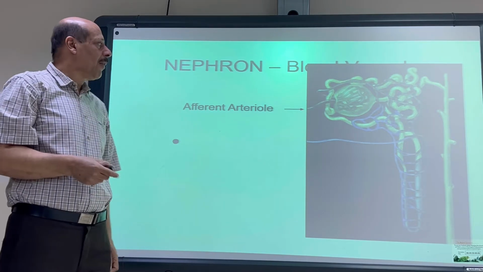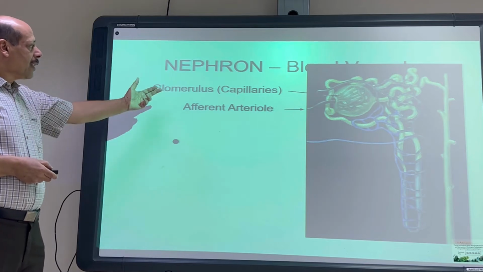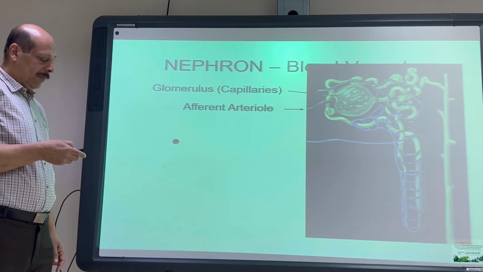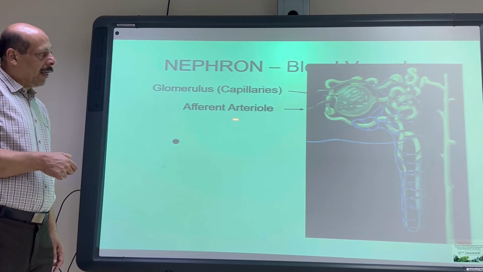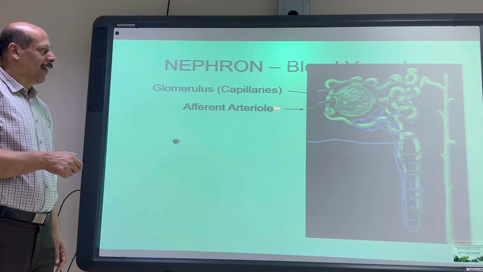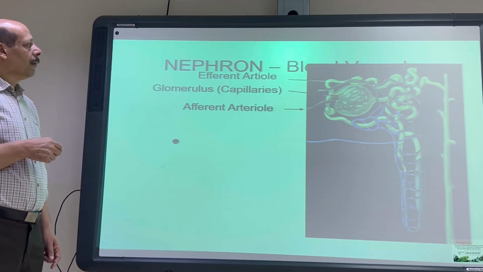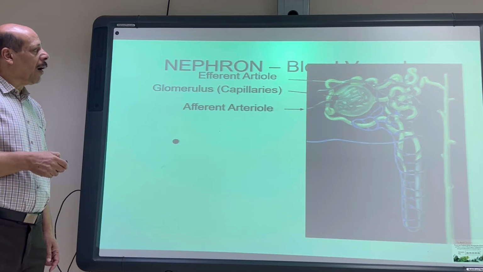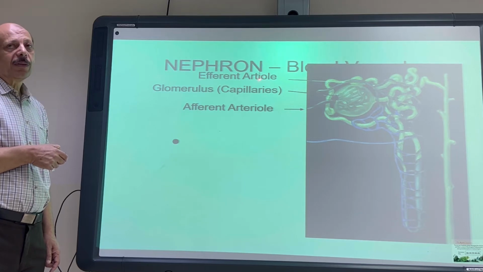So this is the glomerulus of capillaries. It is supplied with blood from the afferent artery. Then the blood will go out through the efferent arteries.